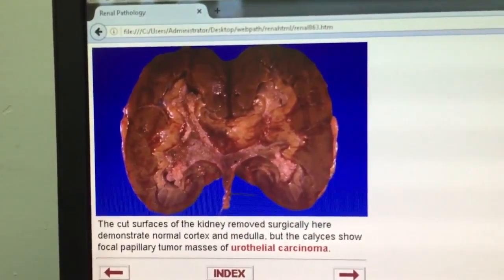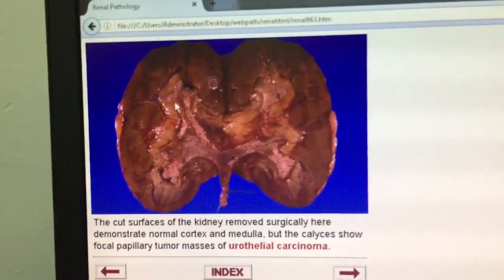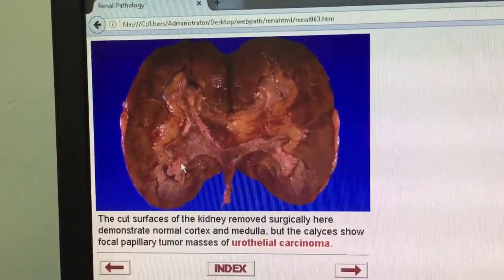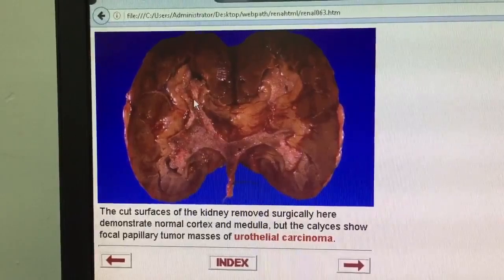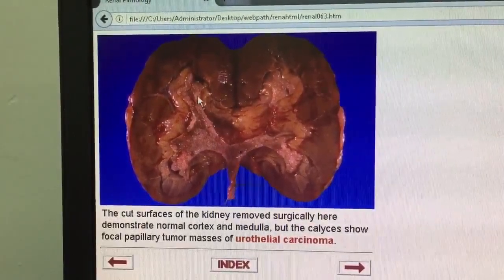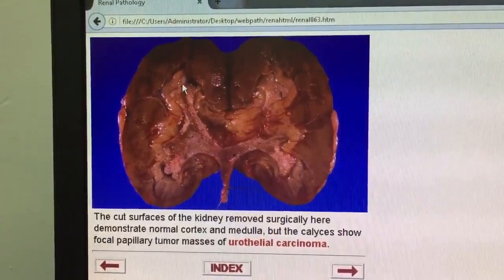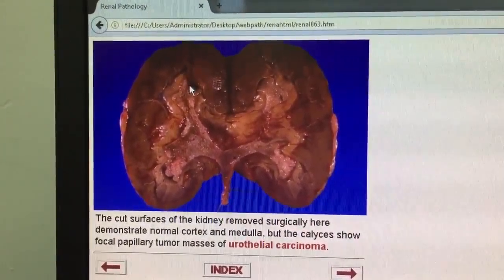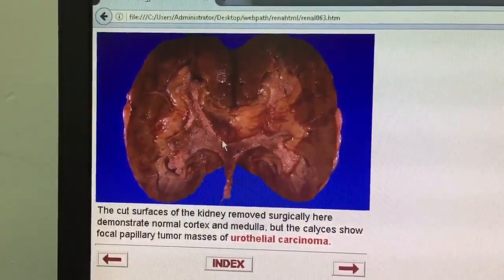Urothelial carcinoma might present along the urinary tract, starting from the renal calyces and down to the urethra. This area of wide thickening of the renal calyceal system represents urothelial carcinoma with extension into the renal pelvis.